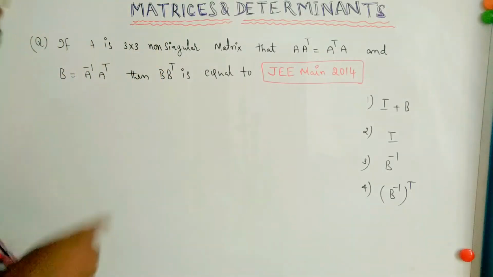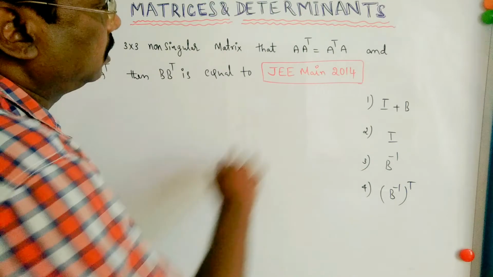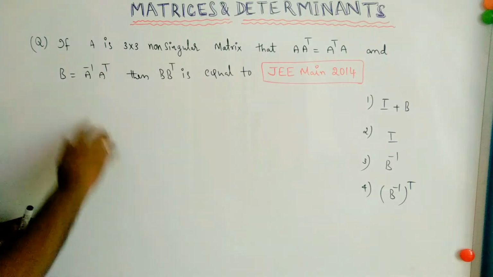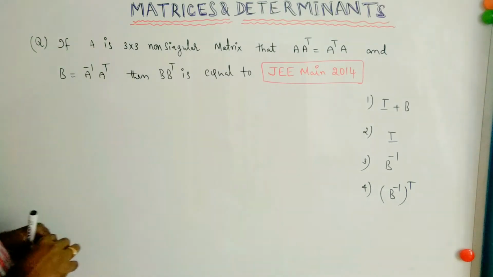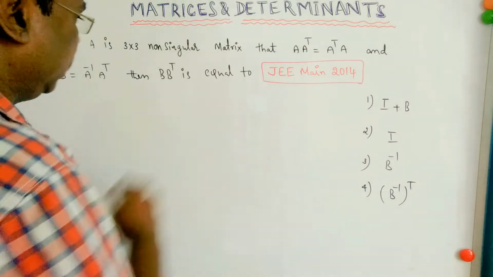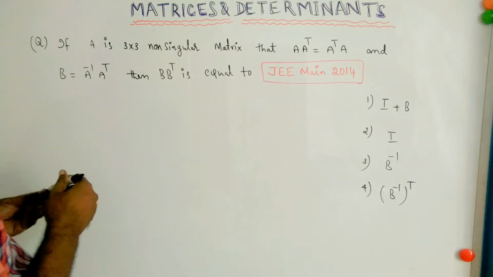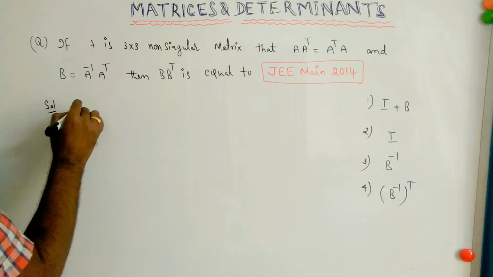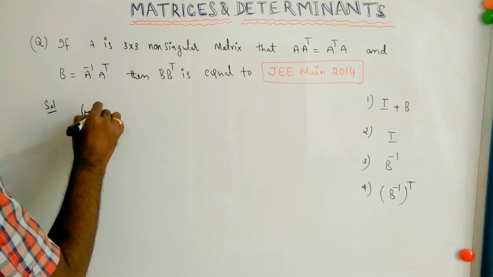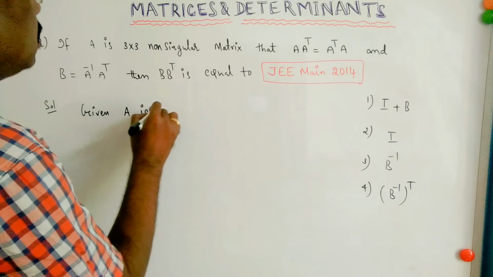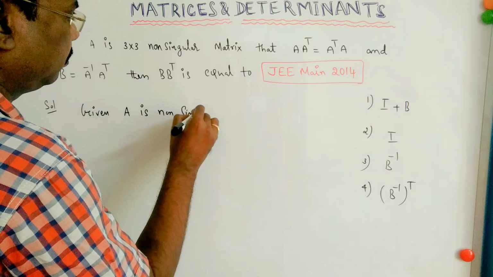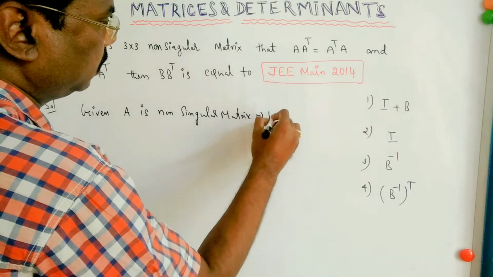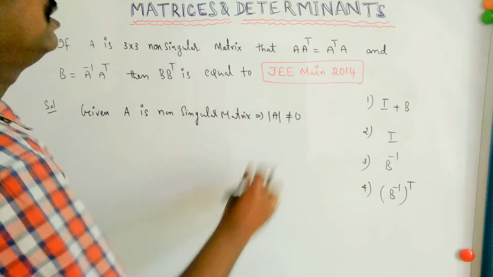Next one: if A is a 3 by 3 non-singular matrix such that A into A transpose equals A transpose into A, and also B is equal to A inverse into A transpose, then B into B transpose equals what? Now here given A is a non-singular matrix, that implies det A not equal to 0.